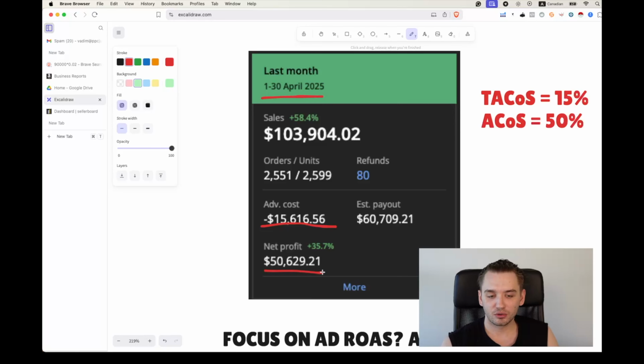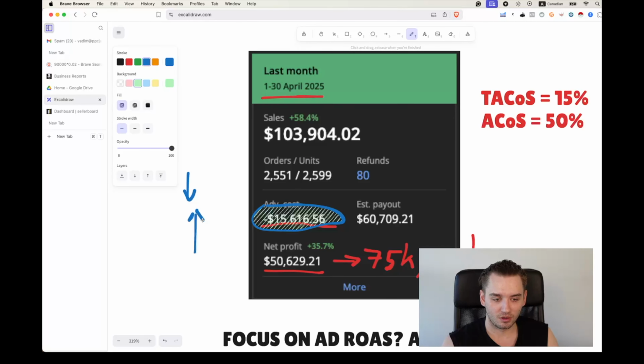So how am I going to take this 50K and turn it into 75K next month, 100K, and so on? Are we going to spend less money on ads, or are we going to spend a lot more? This is not common for every product, but with high margin products, usually the more you spend, the more you make.